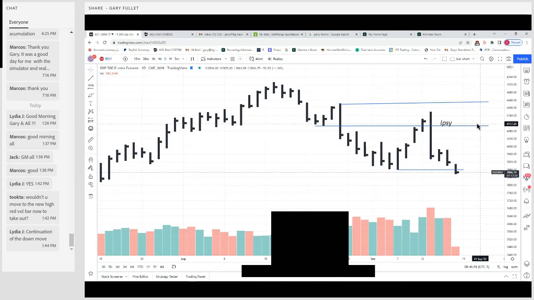Now, inflation. So, the reason why this market is lower, I think, primarily because of interest rates.